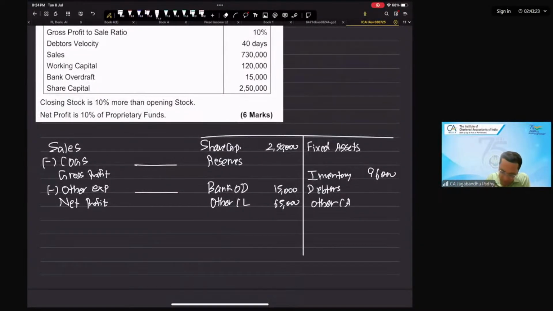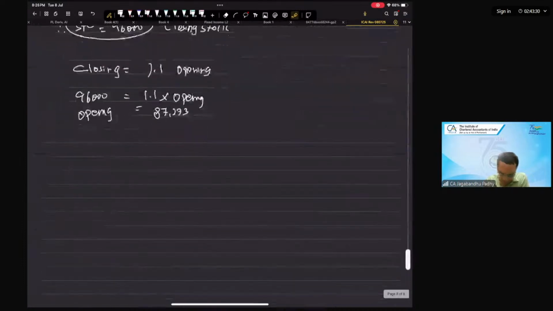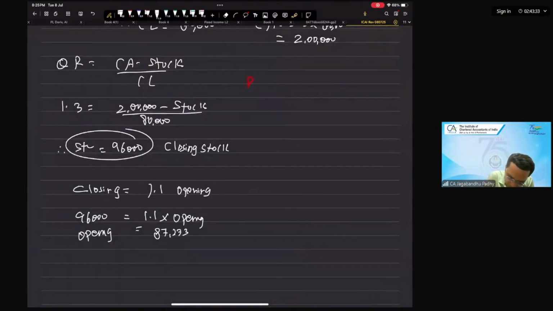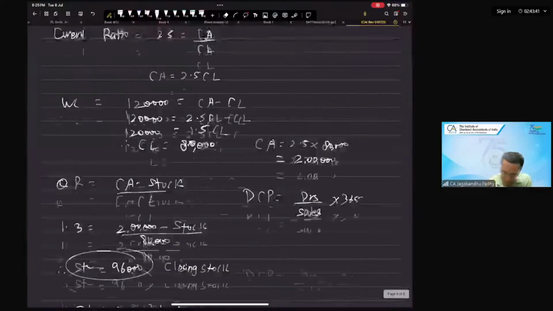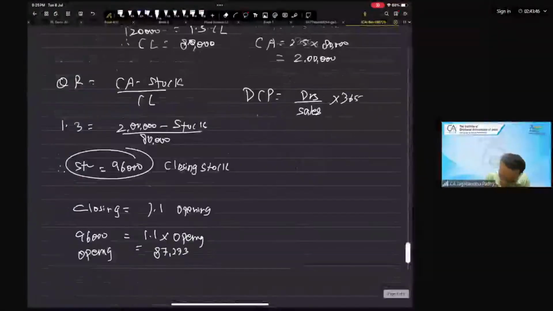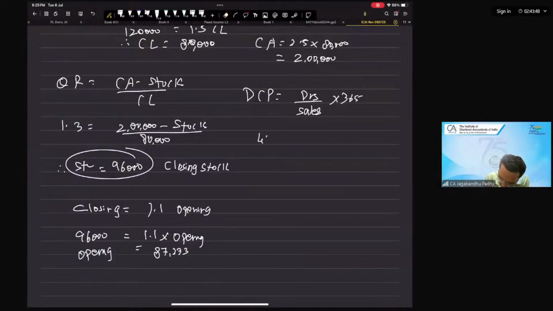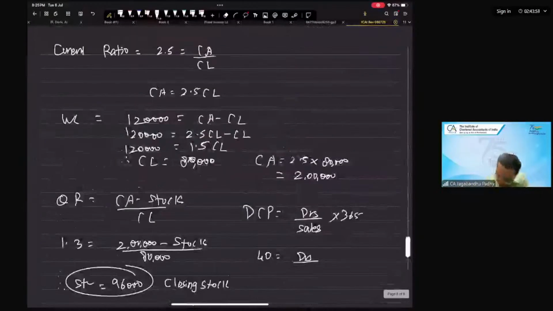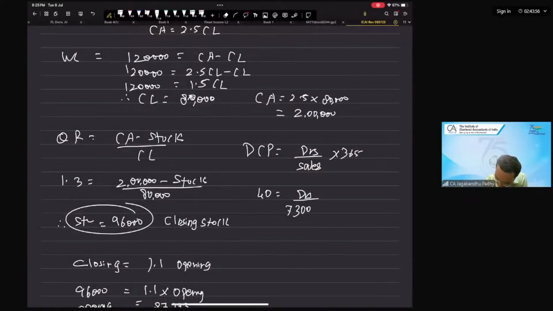But yeah, debtor velocity is 40 days. And we have the sales value to be 7 lakh 30. So we'll talk of debtors collection period. Debtors collection period is obtained as debtors upon sales into 365. Debtors velocity is 40, and sales value is 7 lakh 30,000.